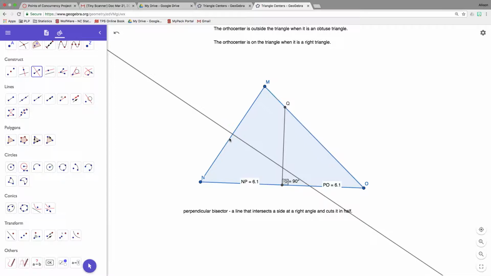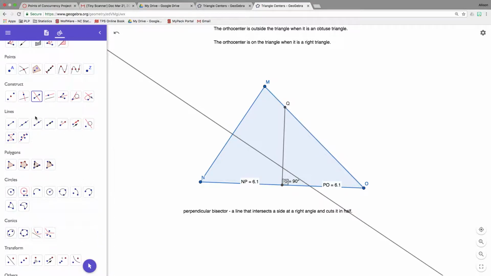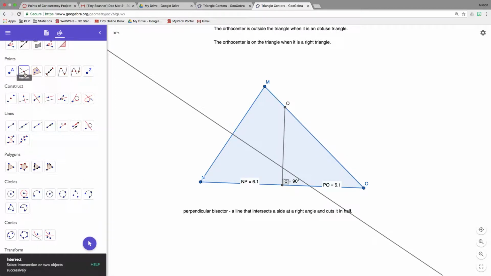There it is. You can confirm it by measuring the 90 degrees and seeing that it cuts it in half, or you can just trust it and let it be. Either way, remember, we still need to make an intersection. So go to points and do the little intersection button. Intersect.